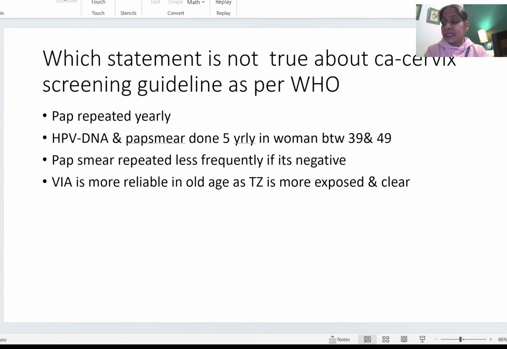Is the pap smear repeated early? Yearly? And it is done by pap smear.